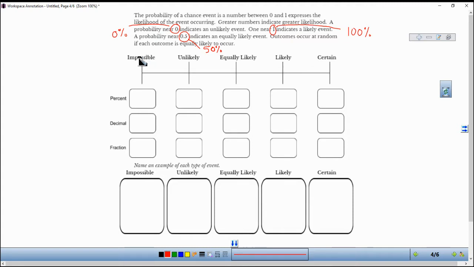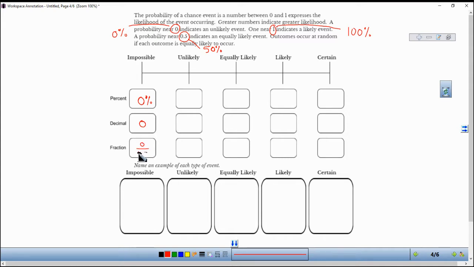So these 5 words or these 5 phrases will help us describe different events that we may come across. If something is impossible, the percent is going to be 0%. As a decimal, that would be 0. And as a fraction, we might say that's 0.